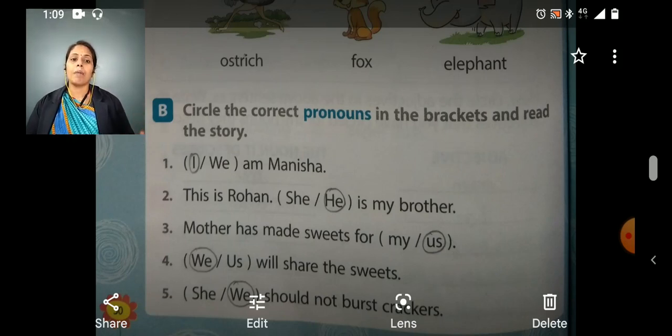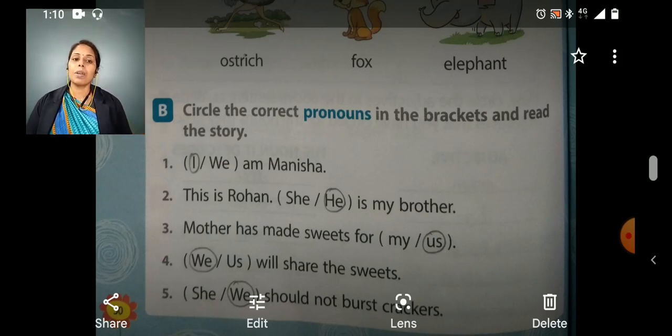"We am Manisha" and "I am Manisha", which is the correct sentence? Yes, the correct sentence is I am Manisha. I am Manisha, meaning मैं मनीषा हूँ. Here with I we use am, so it will be I am Manisha. Next, the second sentence, this is Rohan.